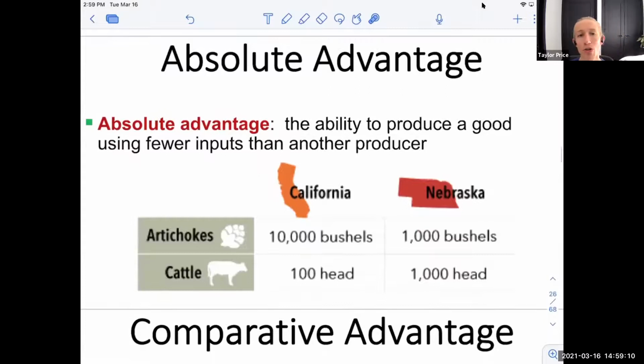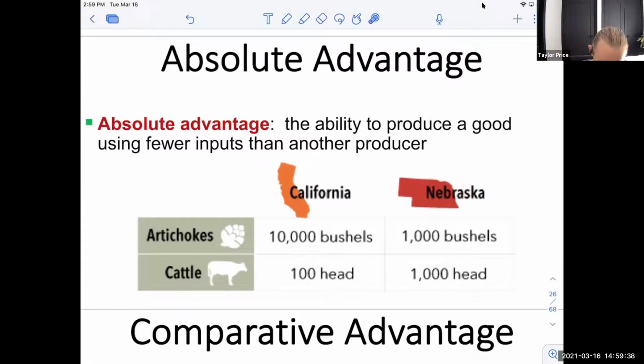So when we're talking about opportunity costs, there are two really important types of advantages that we need to talk about. The first is an absolute advantage, which basically means you can produce more in total than the other country. Here I have an example of California and Nebraska and the differences in their production of artichokes and cattle.